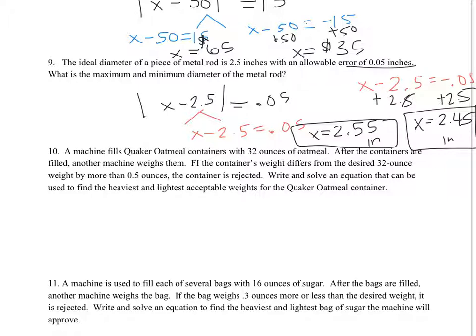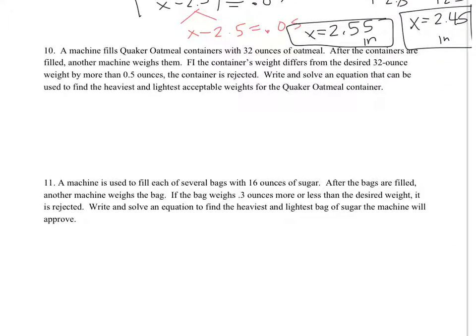Number 10, a machine fills Quaker oatmeal containers with 32 ounces of oatmeal. After the containers are filled, another machine weighs them. If the container's weight differs from the desired 32-ounce weight by more than 0.5 ounces, the container is rejected. Write and solve an equation that we can use to find the heaviest and lightest acceptable weights.